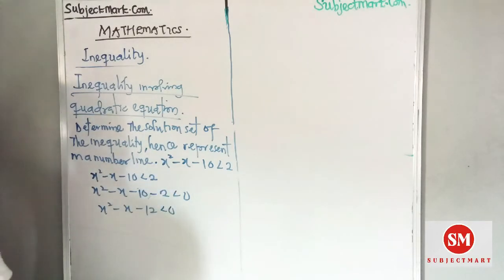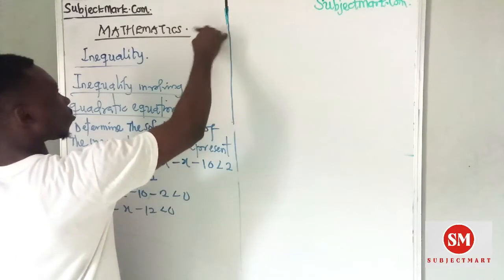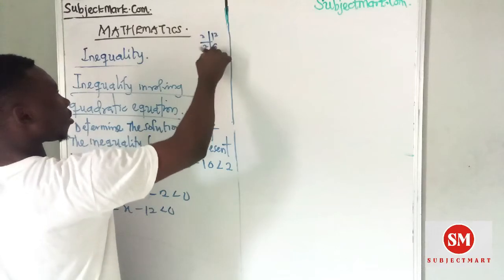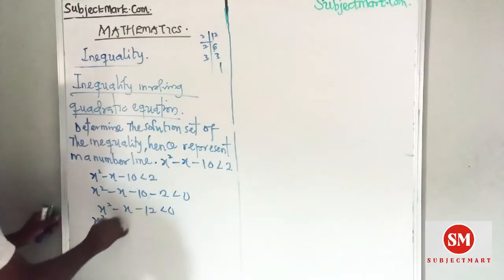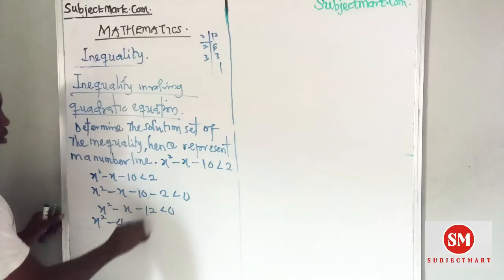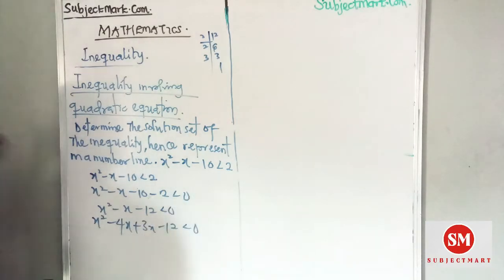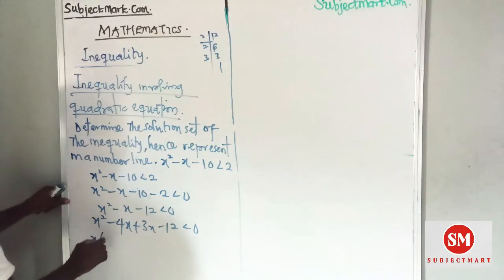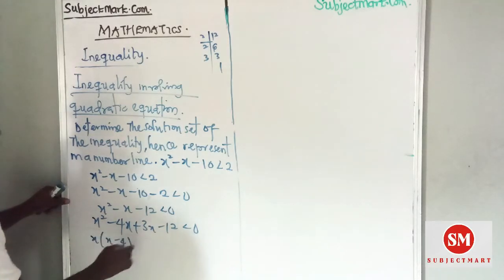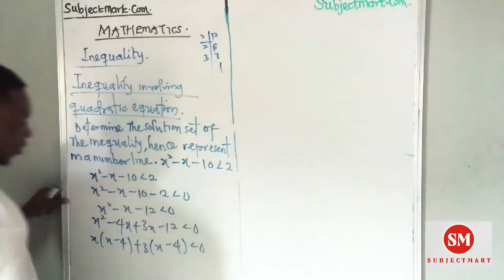Two factors of 12: 1 and 12, 2 and 6, 3 and 4. So we'll have x squared minus 4x plus 3x minus 12 is less than 0. So with this development, x is common, factorize, so x minus 4 plus 3 is common, that's x minus 4 is less than 0.